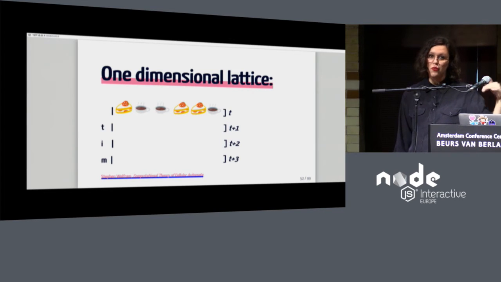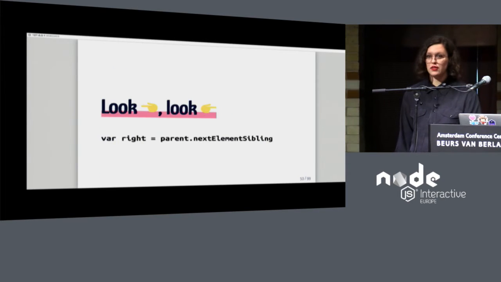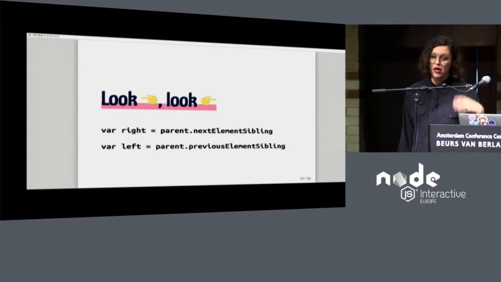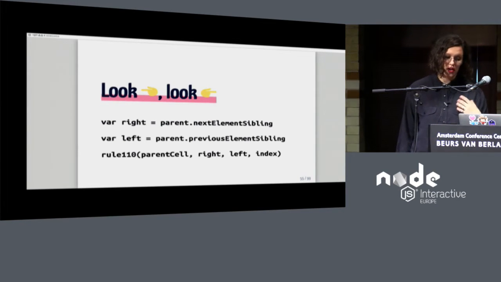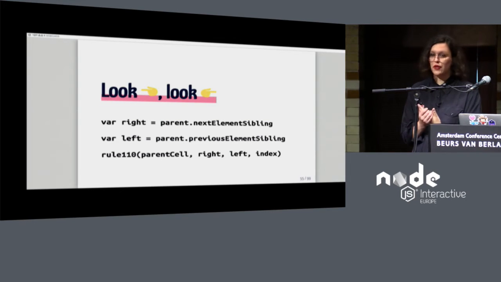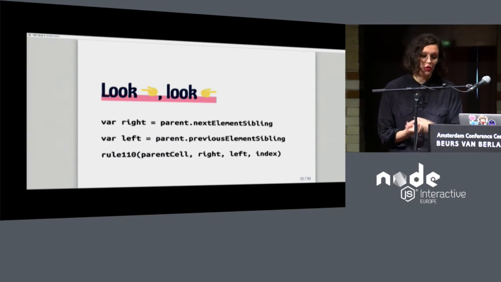So you're going to check who your neighbor to the right is, and then you're going to check who your neighbor to the left might be, and based on who you are and who your neighbors are, you're then able to figure out what it is that you would be in the end.